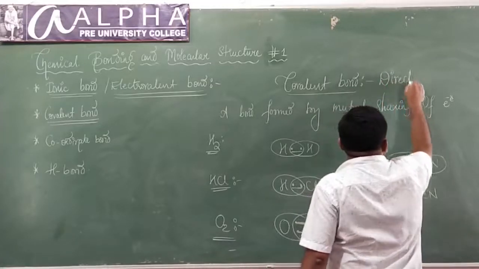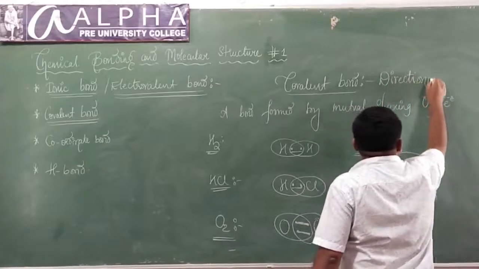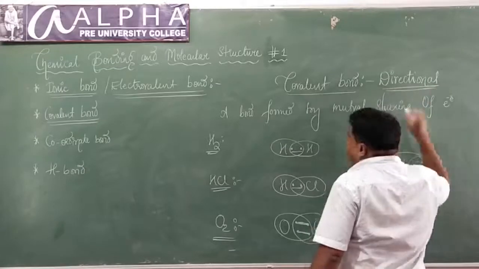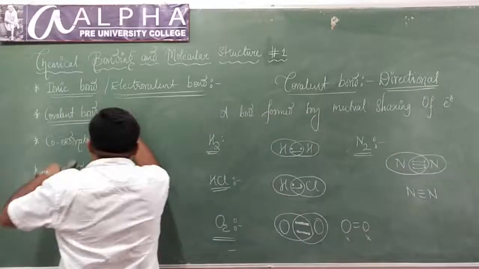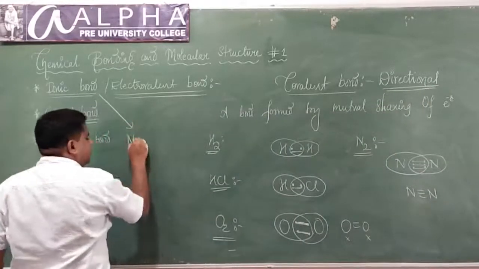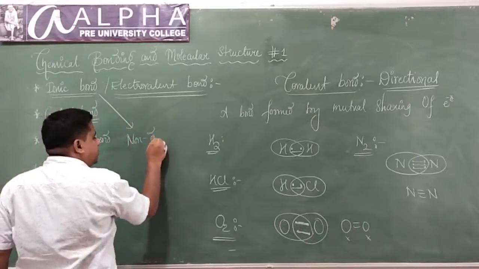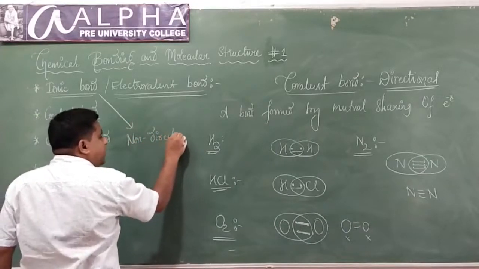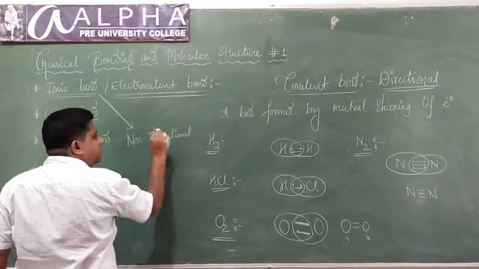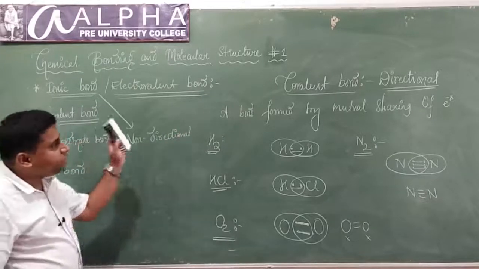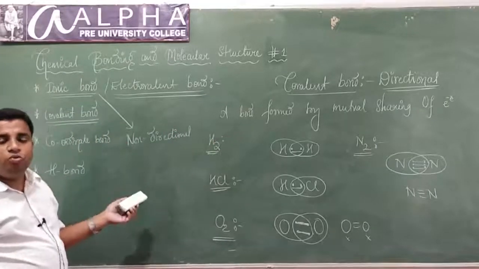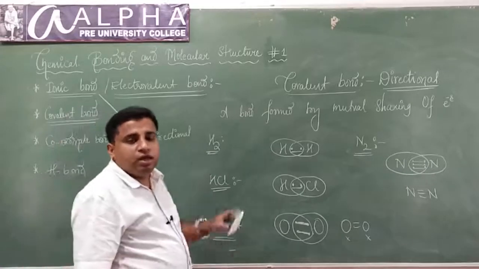Didn't I say that ionic bond is non-directional? Yes, ionic bond is non-directional, whereas covalent bond is directional. I'll tell you what is directional and non-directional when I discuss the geometries of certain molecules.